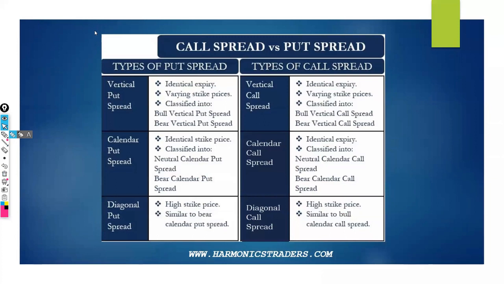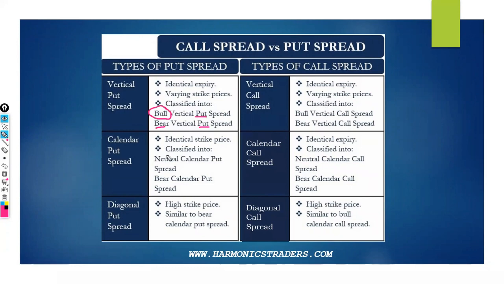You can take a screenshot of this particular slide. So in vertical spreads, in put spreads, we have bull put spread and bear put spread. The first word, whatever it is, that is the trend we are going to trade, and the second is the instrument: bullish trend we are trading with respect to put, bearish trend we are trading with respect to put. So this is what these words define.